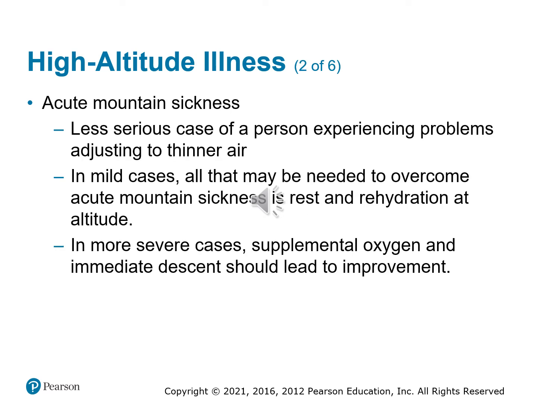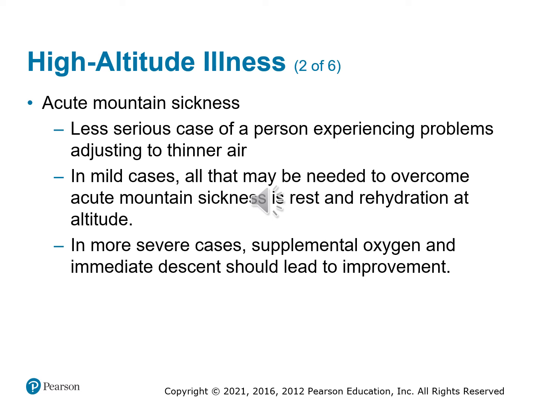So acute mountain sickness can commonly occur above 8,000 feet, but it can start at just 5,000 feet. Think about the Mile High City. That is going to be right at that mark. So acute mountain sickness is the less serious case of a person experiencing problems adjusting to that thinner air.